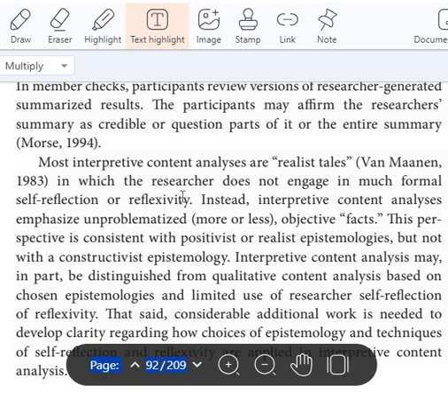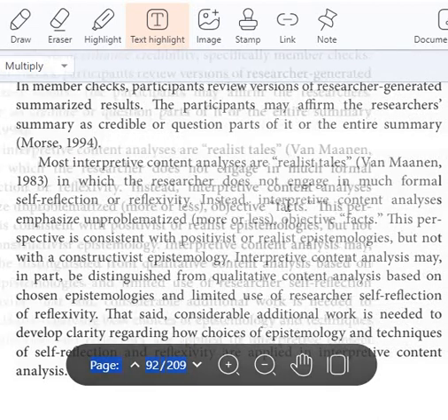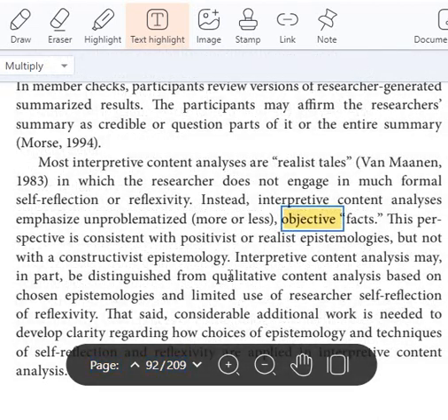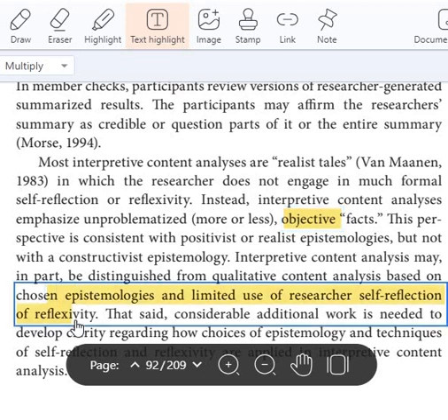Instead, interpretive content analyses emphasize unproblematized, more or less objective facts. So they talk about objective facts. We should remember this. And this actually depends on the chosen epistemologies and limited use of researcher self-reflection or of reflexivity. Okay, that's it for the interpretive content analysis.